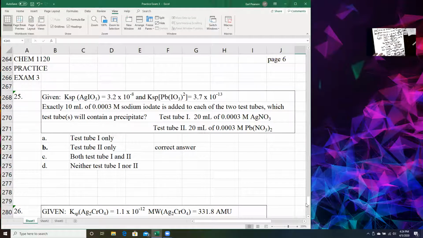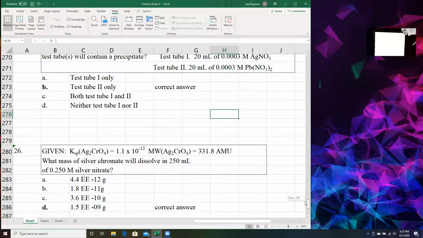This number is greater. 2 times 10 to the negative 12 is greater than 3.7 times 10 to the negative 13. So yes, I do get a precipitate here. Okay, so the test is right. I just screwed up in the interpretation of the numbers that I had. I actually had the right numbers. Okay, and moving right along.